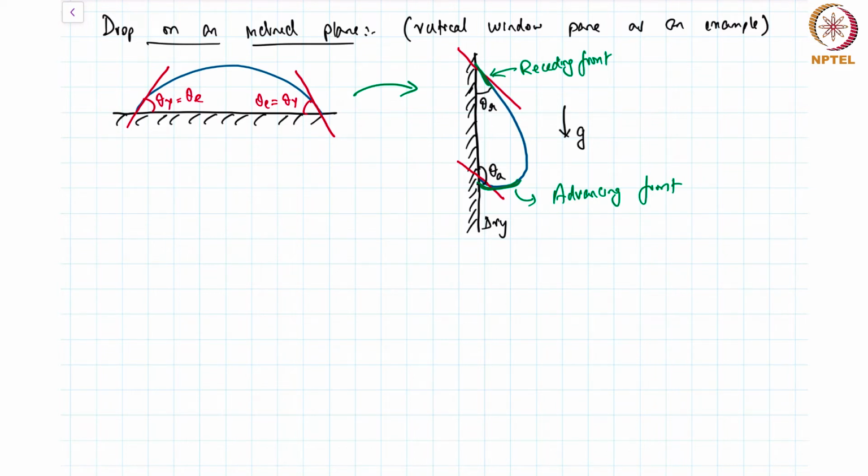You can also give some more labels. I can identify a point right there at the contact line. I can call this the advancing contact line and the receding contact line.